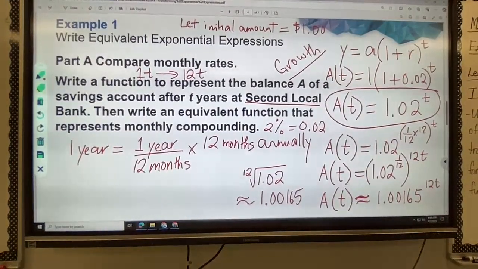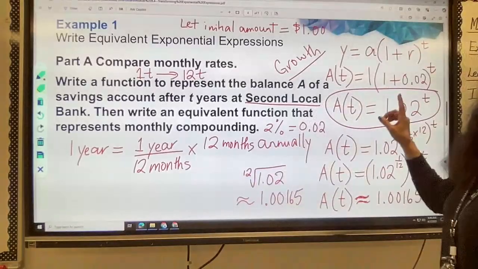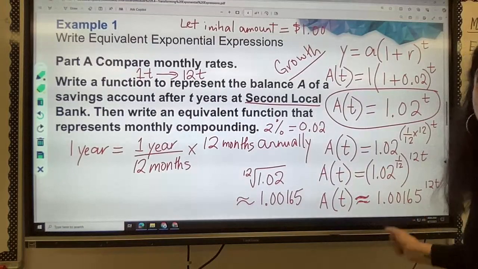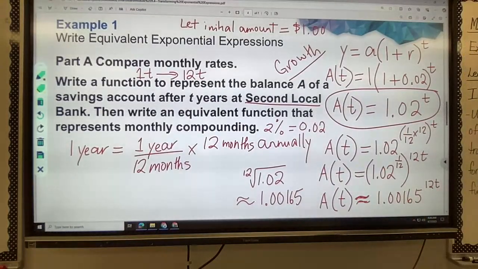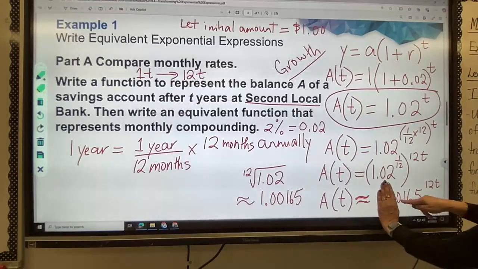So now I can see that the effective monthly rate offered by the second local bank is about, if I change this to a percent, so this is my 1 plus something, right? If I just look at the fractional part, that is telling me the percent, which is my R. So let's look at just this part.